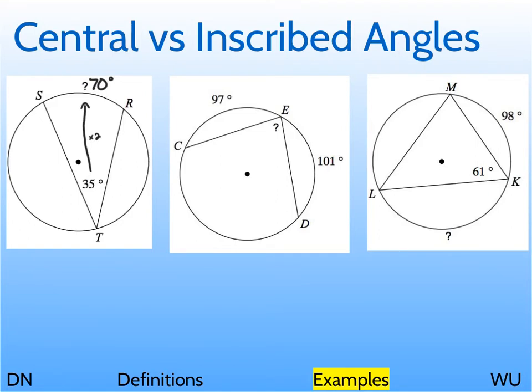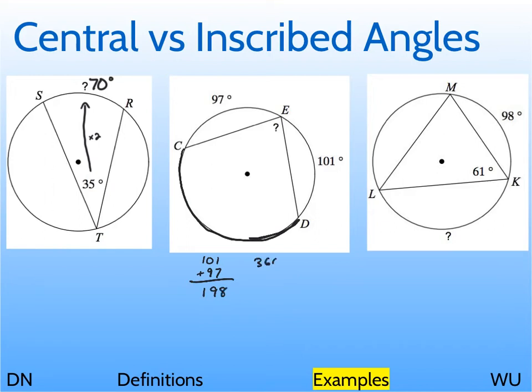Okay, so for the one in the middle, we have to find the inscribed angle. So we want to figure out what this arc measure right here is. And we don't have anything. But one thing you do know is that all of the arcs have to add up to 360. So start off by doing 101 plus 97, which gives you 198.